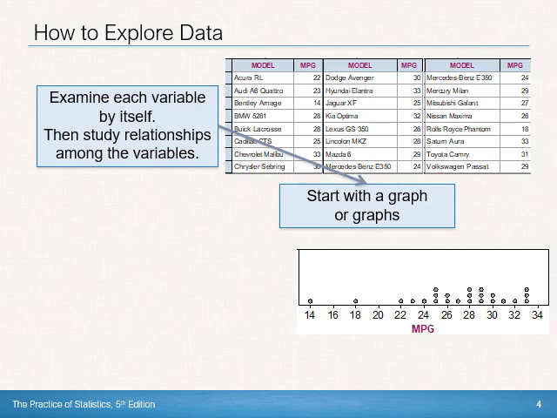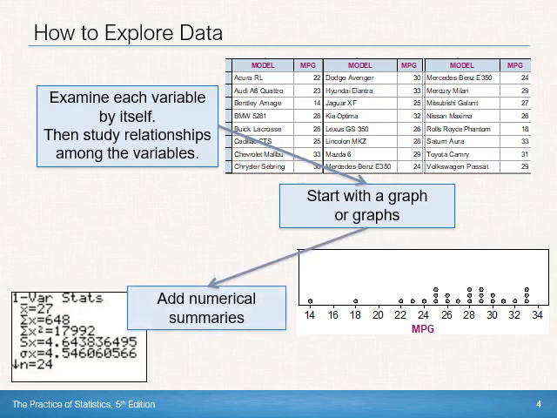So a graph is a good way, but besides the table and graph, we will also want to look at number summaries. So what's the average GPA? We can visualize from the dot plot kind of where the middle is, but sometimes we want to know exactly the number summary.